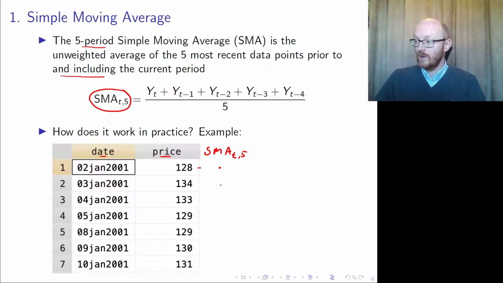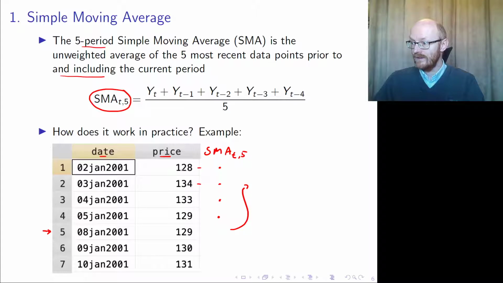When you move to the next day, you can't really calculate that either because you only have the YT and the YT minus 1, right? But when you get to 8th of January, then you have 5 historical and present day data points. So here you can calculate this.